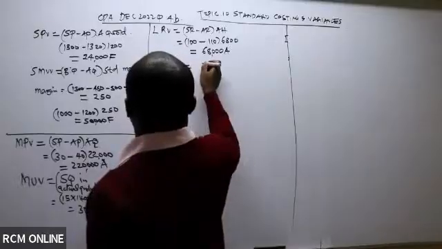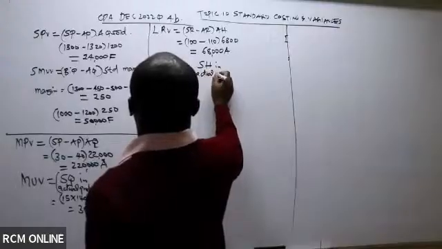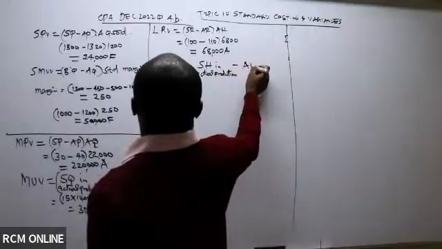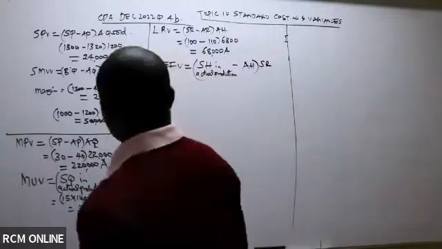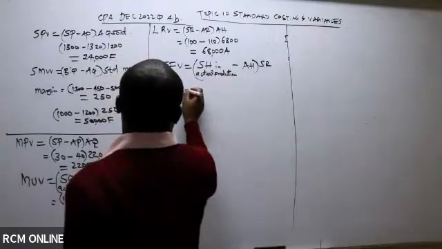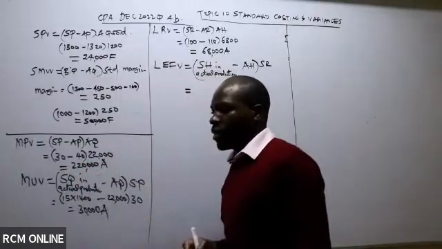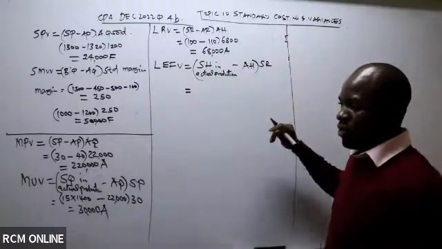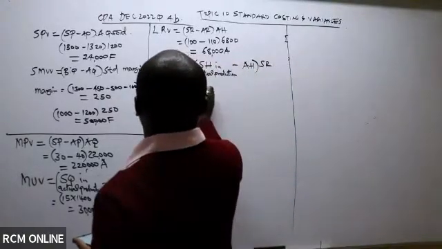Labor efficiency variance is equal to standard hours in actual production minus actual hours, multiplied by standard rate. So can someone give us the standard hours in actual production? How many labor hours were utilized to produce 1 unit of TT as per the standard cost? 5 hours are required to produce 1 unit of TT.